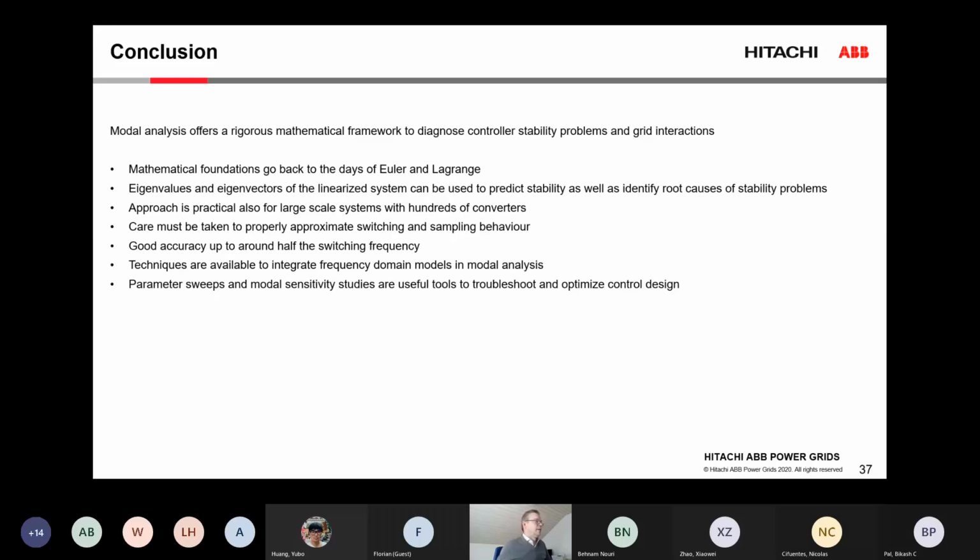And of course, the modeling of grid components is also uncertain in the high frequency range. But given that we have good or trusted component models, we can reach this accuracy up to half the switching frequency.